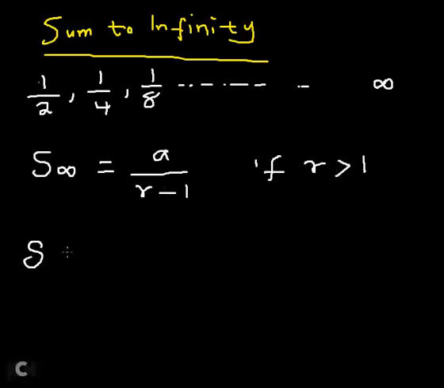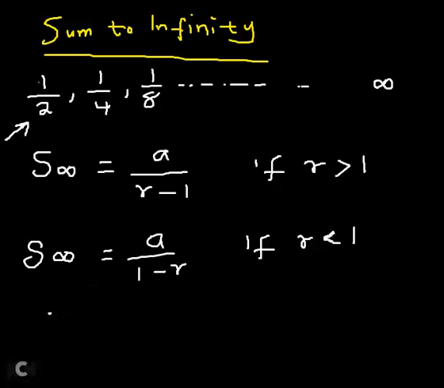Or the sum to infinity is equal to a divided by 1 minus r if r is less than 1. So in this case now, which formula am I going to use? I'm going to use the second formula because r is less than 1, right?